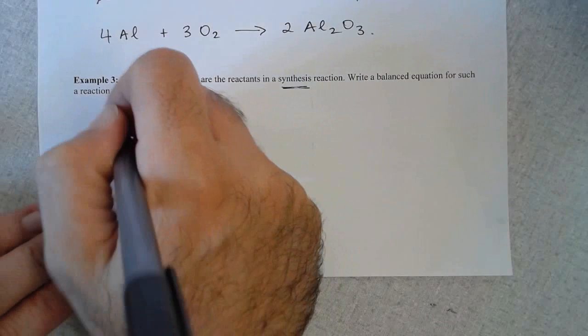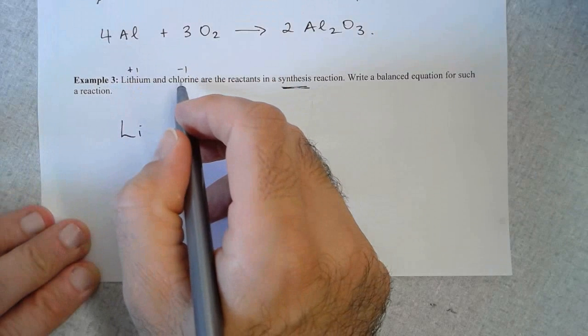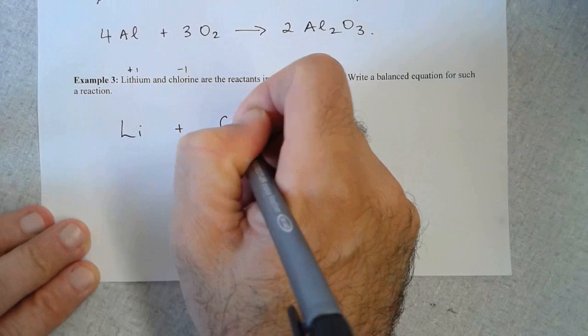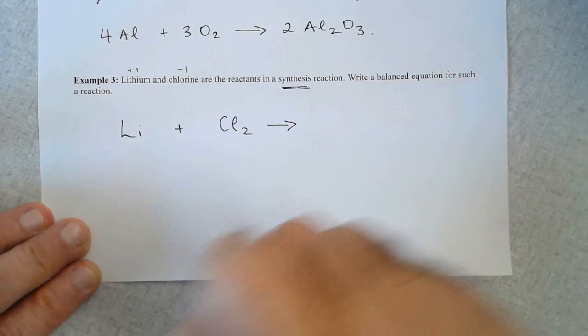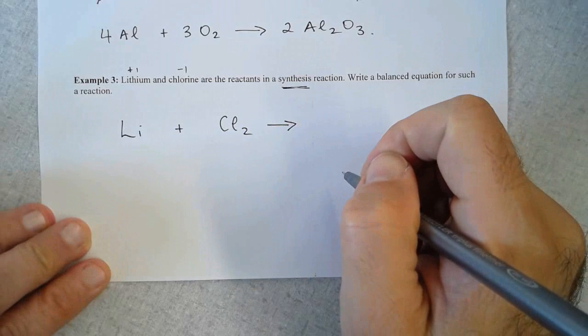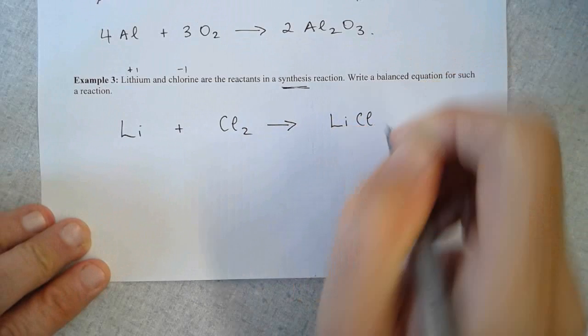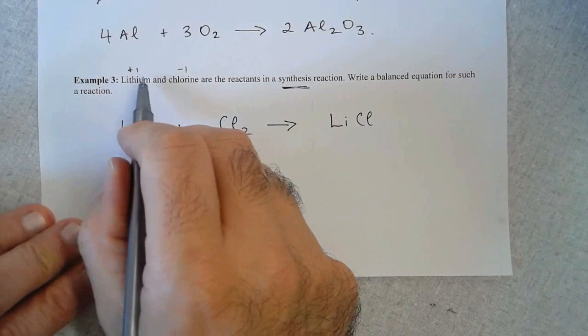Reactants are going to be lithium plus chlorine. Don't forget, chlorine's another one of those diatomic molecules, so it's actually going to be Cl2, and then our product is going to be, we assume, lithium chloride. No subscripts, because we just need one of each to balance them out.